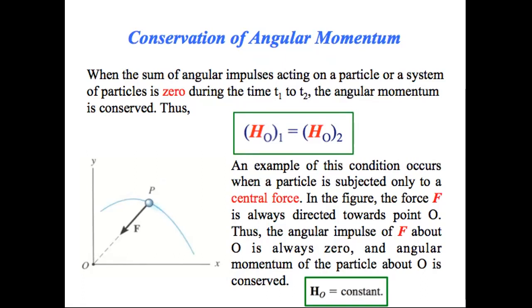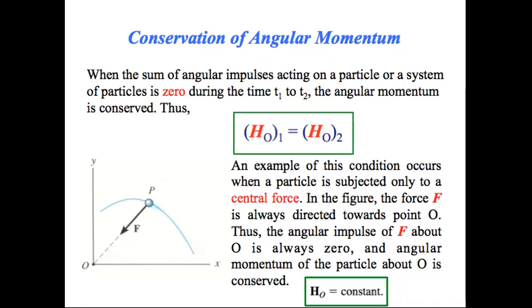In the figure, the force F is always directed toward point O. Therefore, the angular impulse of F about O is always zero, and the angular momentum of the particle about O is conserved, so H, the angular momentum, is always constant.